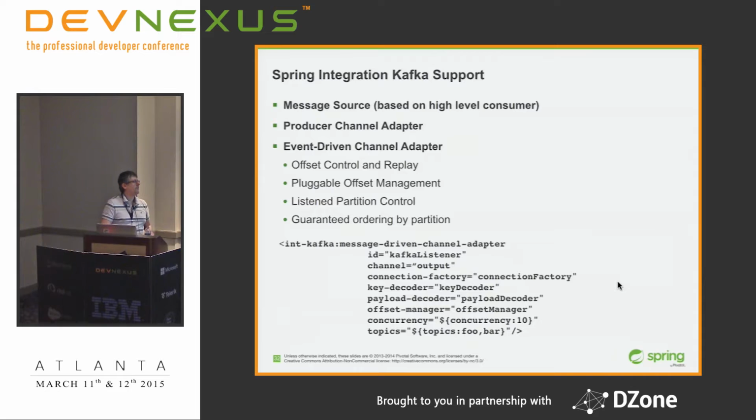So this is basically the definition of a Kafka message-driven channel adapter. There are some very Kafka-specific things in there. The takeaway is that we've taken the Kafka model and applied the Spring Integration processing model to it while preserving the specifics of the underlying middleware.